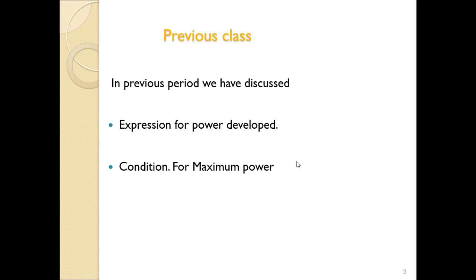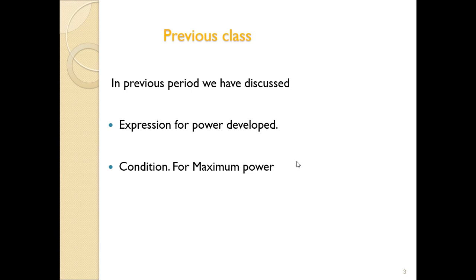The torque developed at the time of pull-in, that is, when the motor is pulled into synchronism and the stator and rotor poles are magnetically locked to each other, is called pull-in torque.